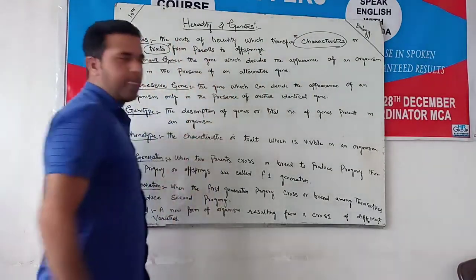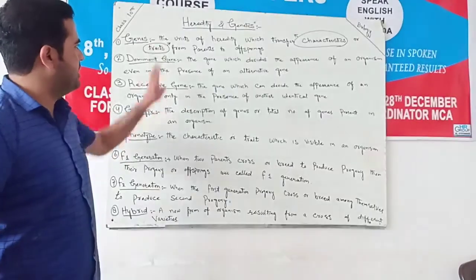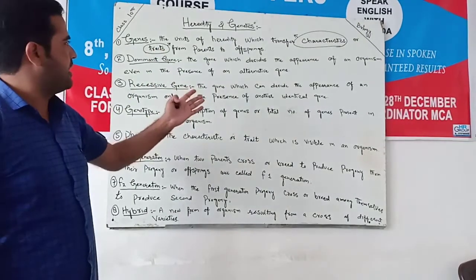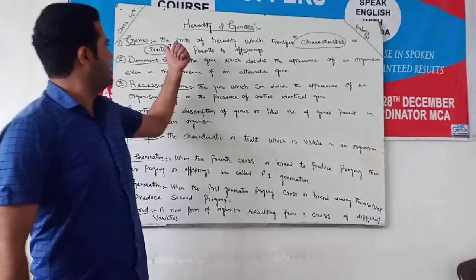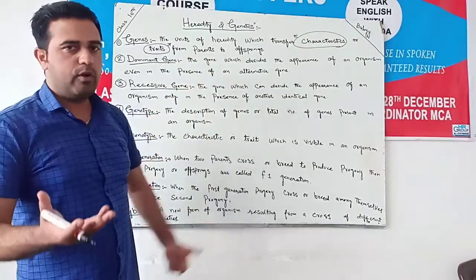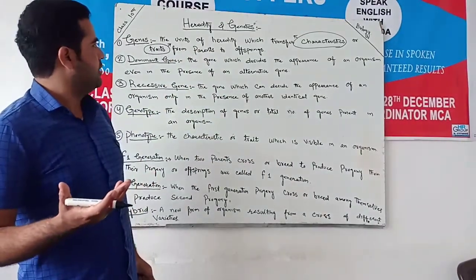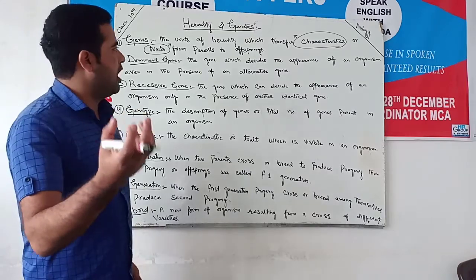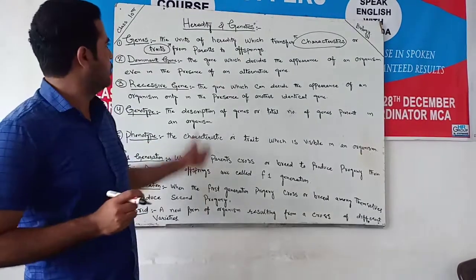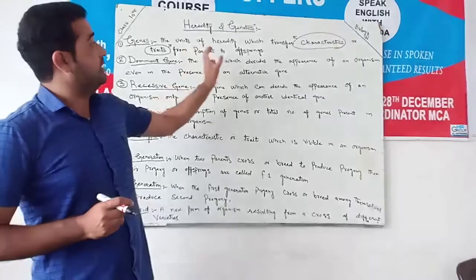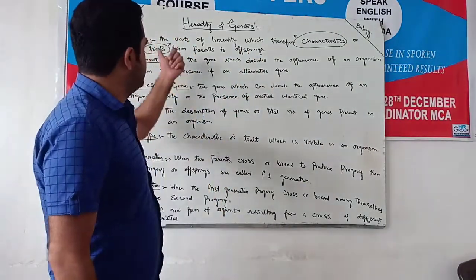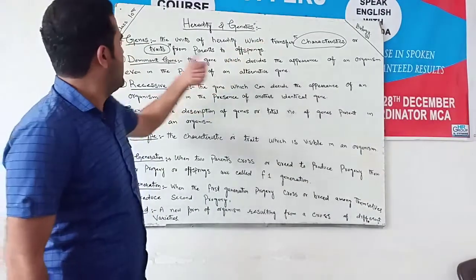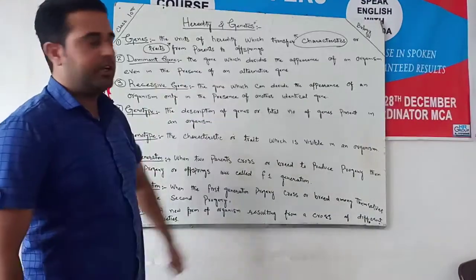They may be the skin color, the type of hair, the color of the hair, the height of an organism, the color of flowers, etc. So these characters are transmitted from parents to offspring with the help of these genes.